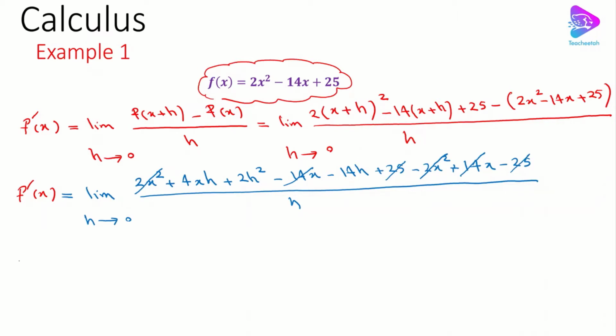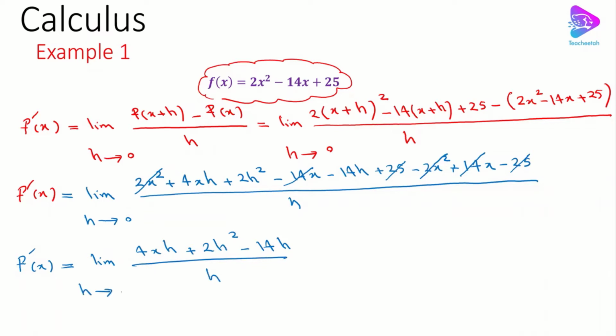So from there we would have f prime of x equals the limit of the remaining terms, which is 4xh plus 2h squared minus 14h, and then over h when h is approaching 0.